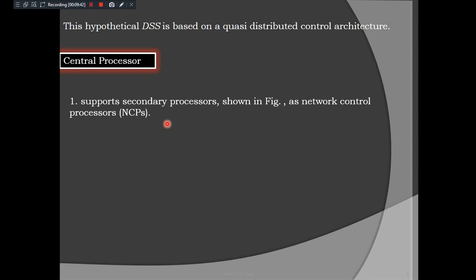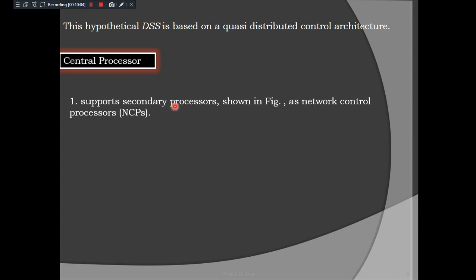That will be sufficient to justify NCPs being called secondary processors. And another reason, the third reason, we already learned about this one. A similar thing we can add here in order to elaborate your answers.